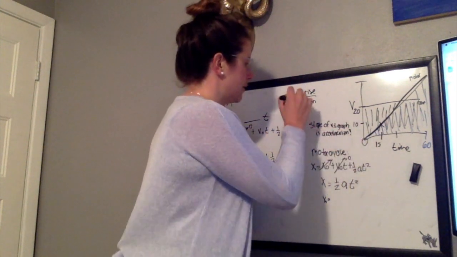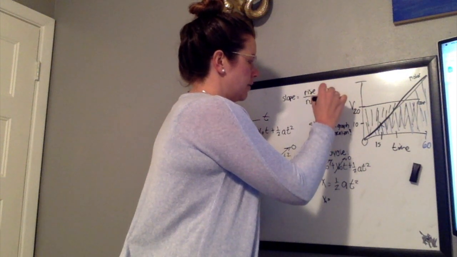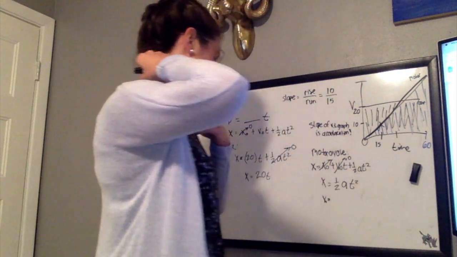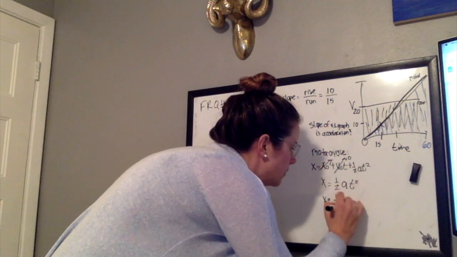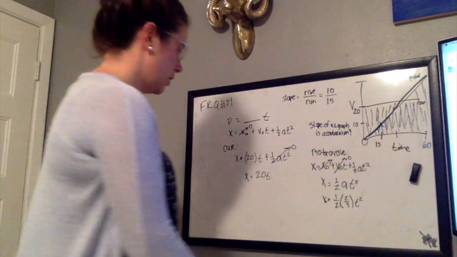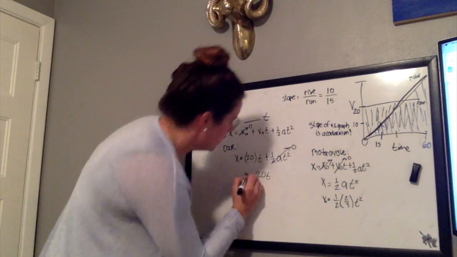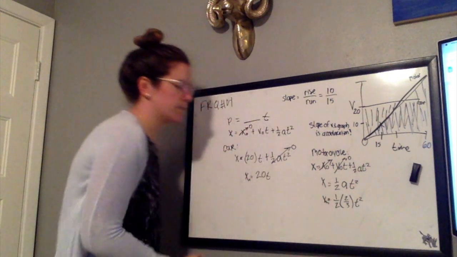Rise over run. So we're saying it went 10 over 15, which is 2/3. And your function of time becomes like so. Cool. We can even label these as car and motorcycle.